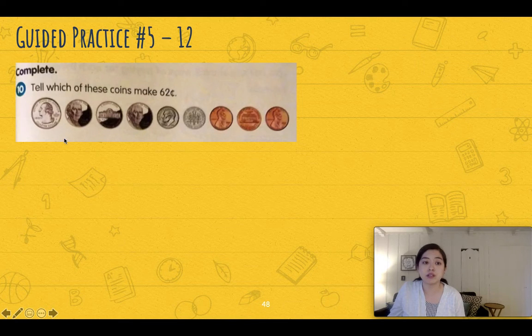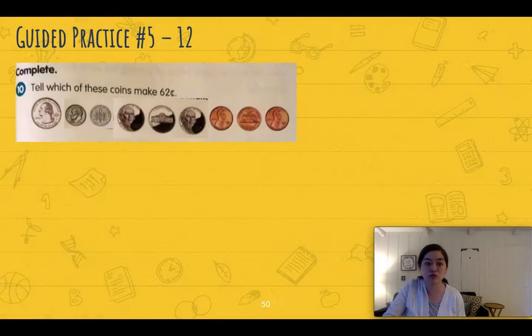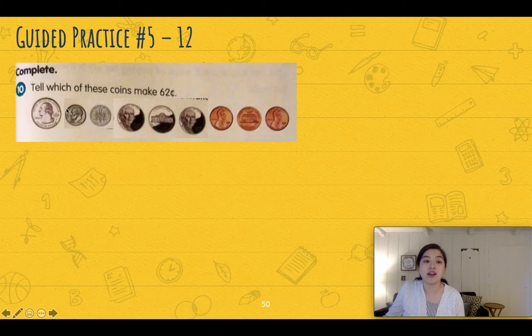They're not put in the greatest to the least value of coins, okay? We need to switch the nickels and dimes because dimes are worth 10 cents and nickels are worth 5 cents. So we're going to switch them. Let's switch them right there. Okay. Now these are put in the order from greatest to least value of coins.